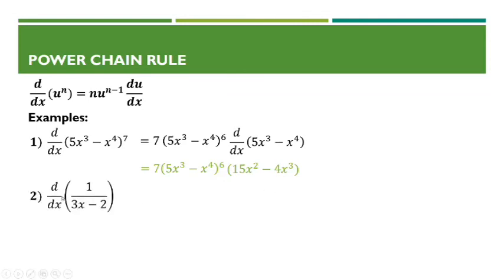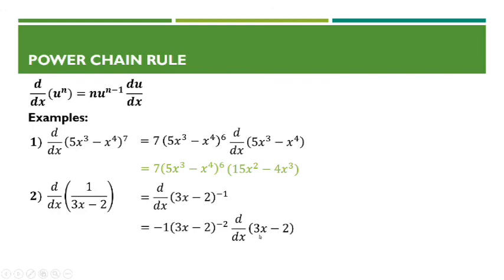Number 2, the derivative of 1 over 3x minus 2. Pwede natin kunin yung quotient rule, or we can use the power chain rule by changing the expression into a power. So the denominator can be put as a numerator with a negative exponent. Following the chain rule, we have negative 1 times 3x minus 2 raised to negative 1 minus 1, which is negative 2, times the derivative of the inner function 3x minus 2.